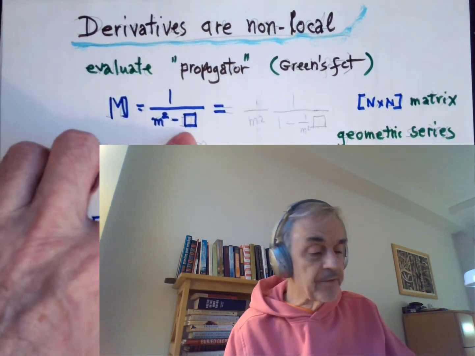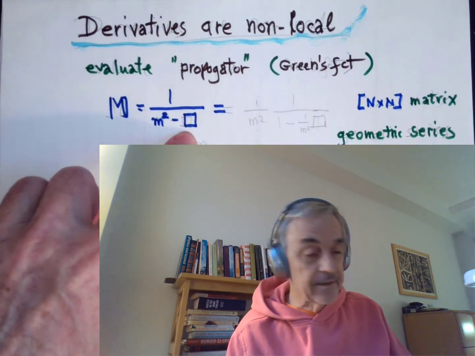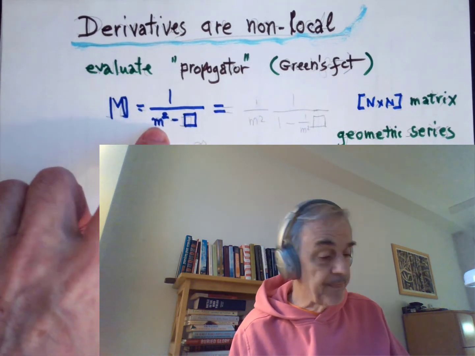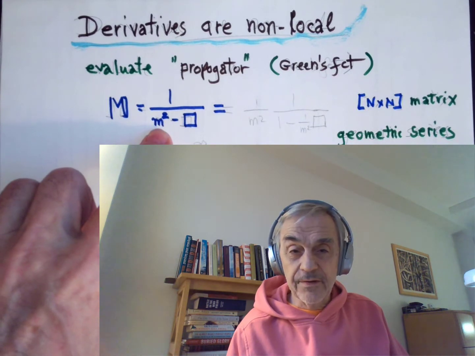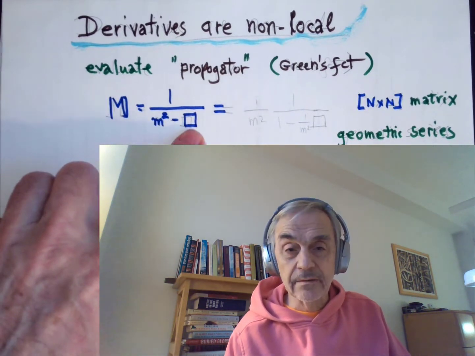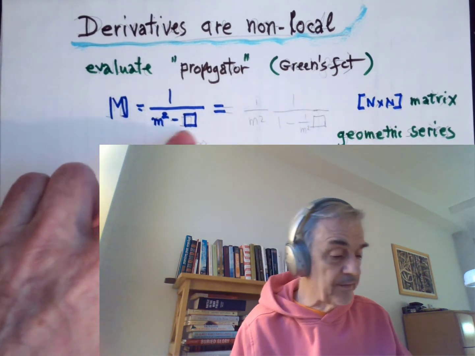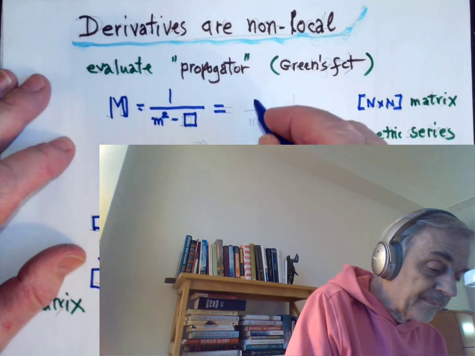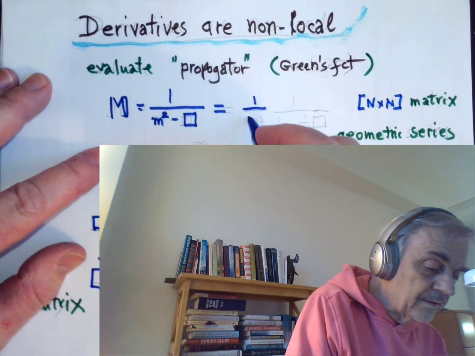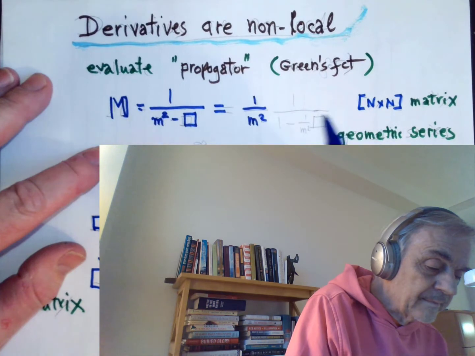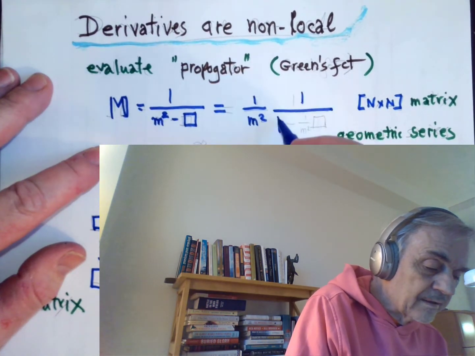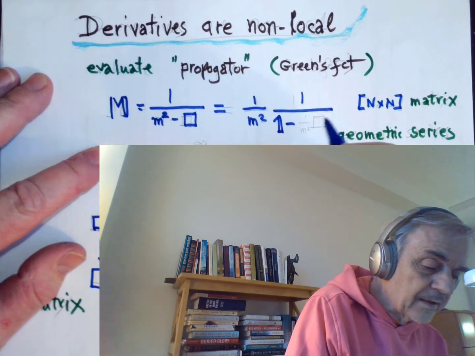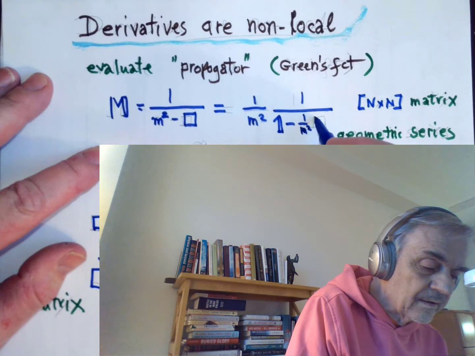Now, this is a matrix, it has some entries in it. This is a number. So I can always make this number larger than the entries in this matrix. So I can always pull it out, and consider the unit matrix minus 1 over m squared times the Laplacian.